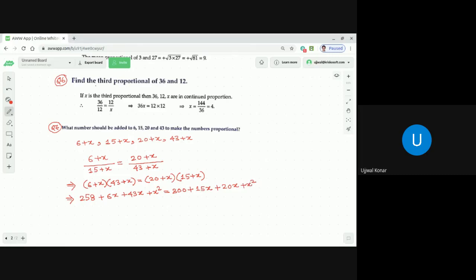So now you see that x square and x square got cancelled. Correct, no? So it is no longer a quadratic equation.